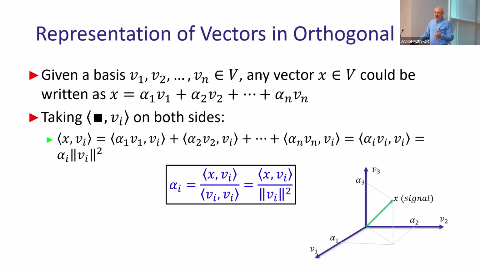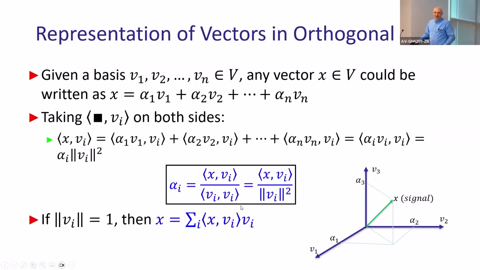And this basis is called orthonormal basis, not orthogonal basis, but orthonormal basis, which means every single vector in that basis has norm 1. So in that case, you'll have an even simpler thing. If each norm is 1, then X, the original vector, you will be able to write as a linear combination of vectors Vi, and the coefficient of that linear combination will be just the inner product between X and that particular Vi. That's it. As simple as that.